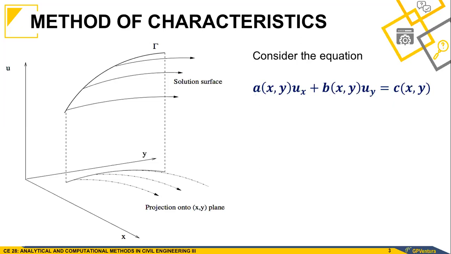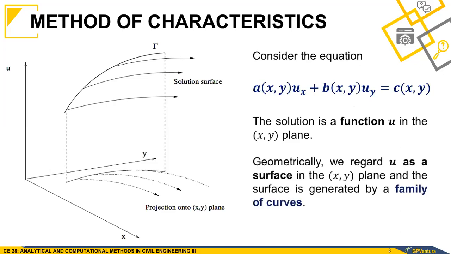And again, our goal, as with any differential equation, is to find a function u in terms of the independent variables, which in this case, in our equation over here, in terms of x and y.